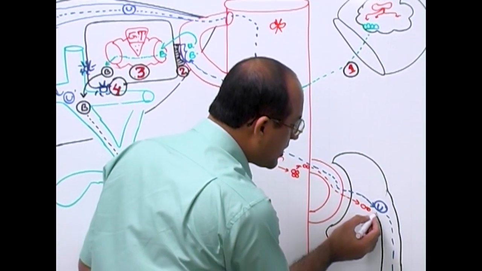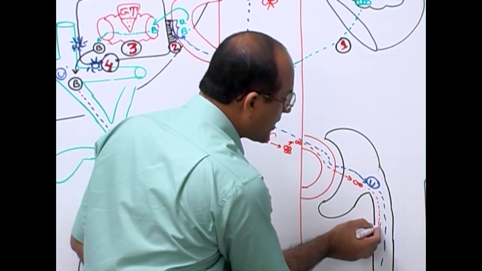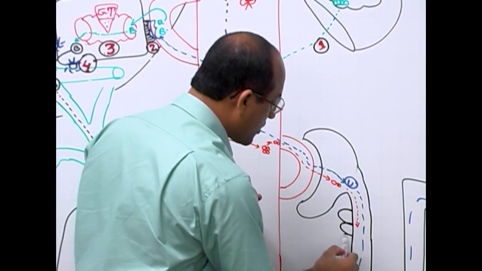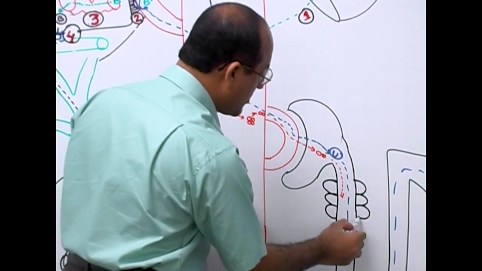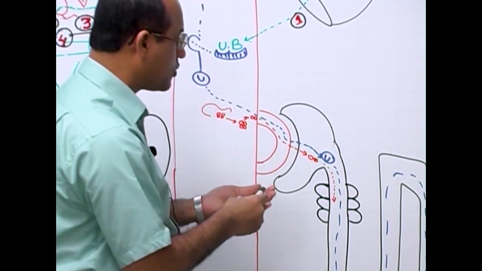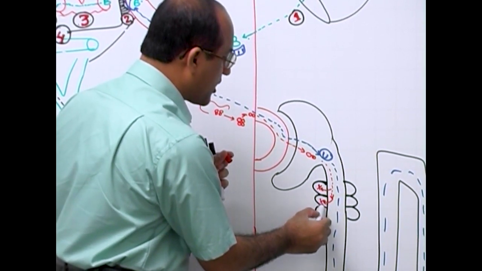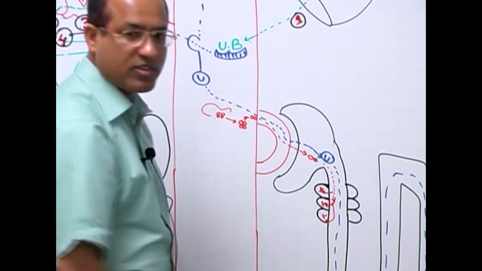As these pass down, number one, these dimers may be taken up by proximal convoluted tubular cells. If proximal convoluted tubular cells take up this hemoglobin, there may be acute tubular necrosis because these molecules are toxic to these cells.